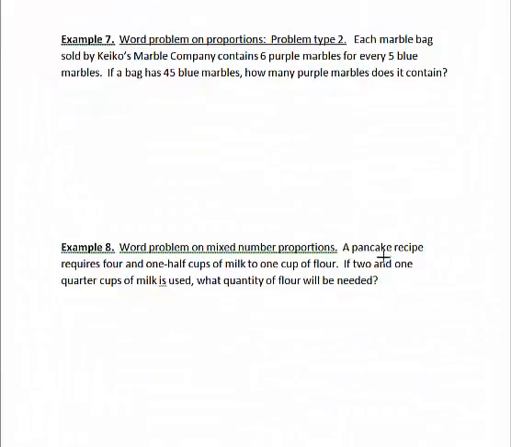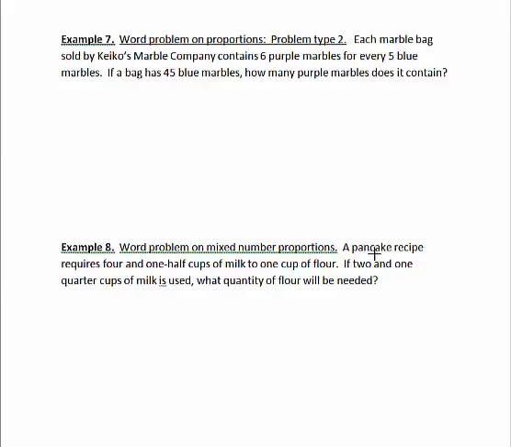Example 8. A pancake recipe requires 4 1/2 cups of milk to 1 cup of flour. So we've got some fractions thrown in there on top of the ratios that we have to construct. If 2 1/4 cups of milk is used, what quantity of flour will be needed?